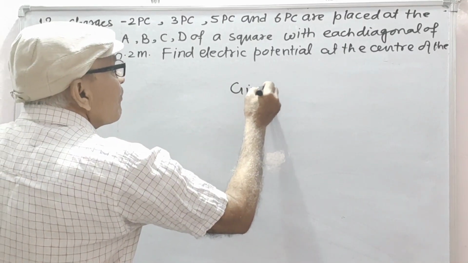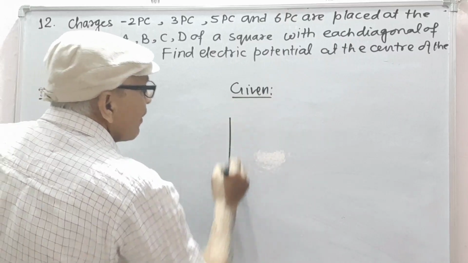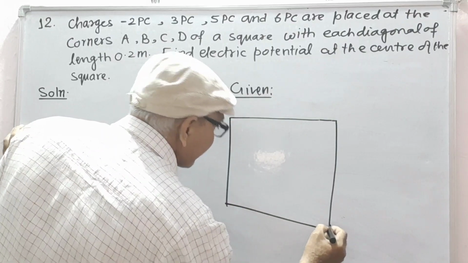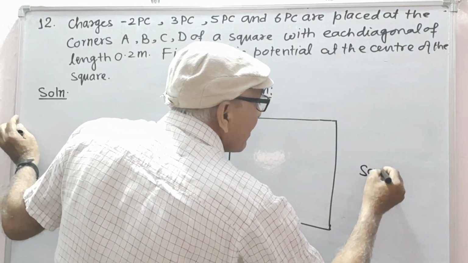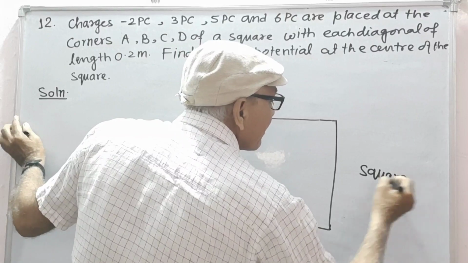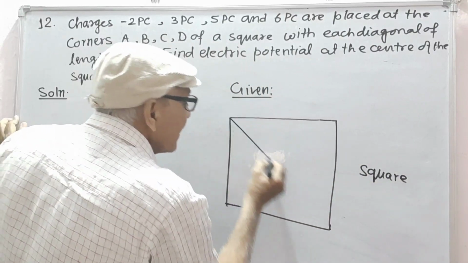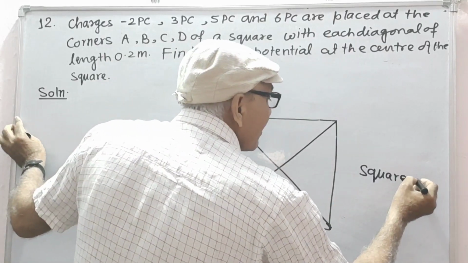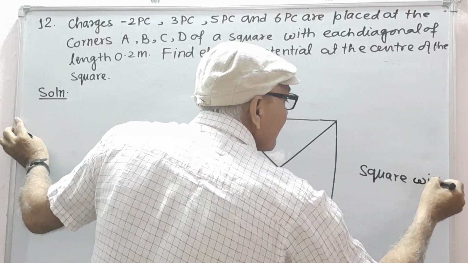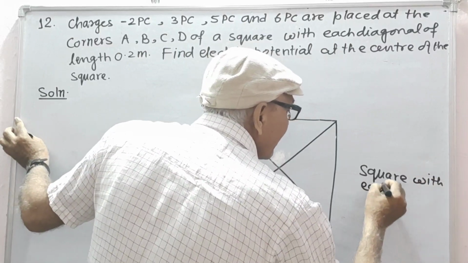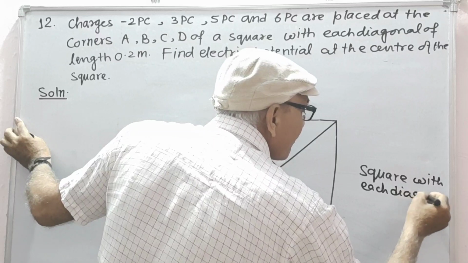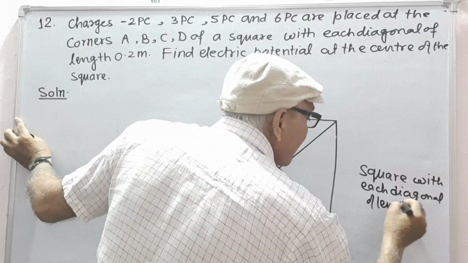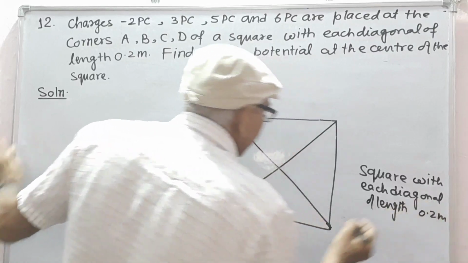Given, this is a square with each diagonal of length 0.2 meter.